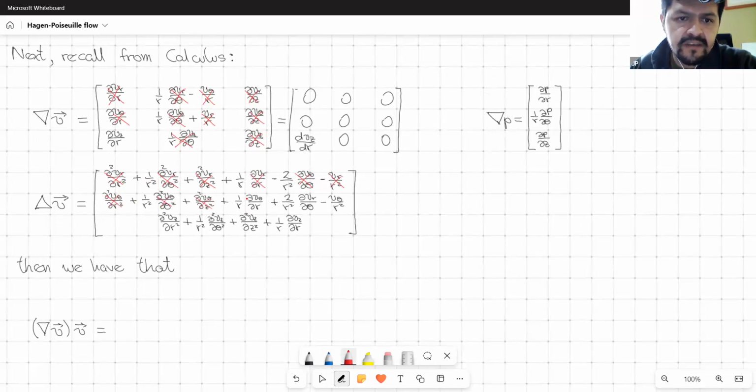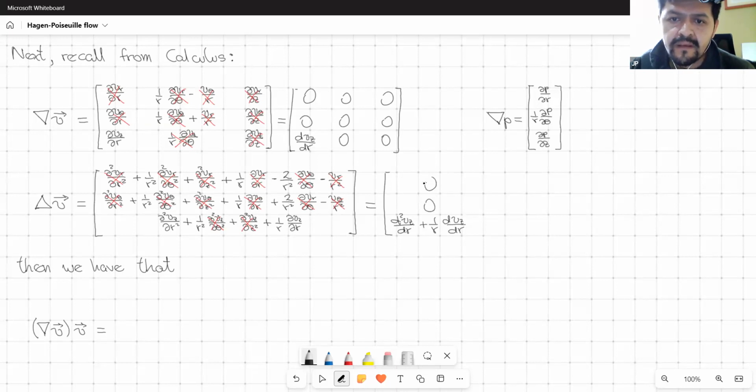As we can see here, none of them are non-zero. And the last one is also 0 because of the axisymmetric flow assumption. So in the end, the only non-zero terms are the second derivative of v_z with respect to r, plus 1 over r times the first derivative with respect to r.